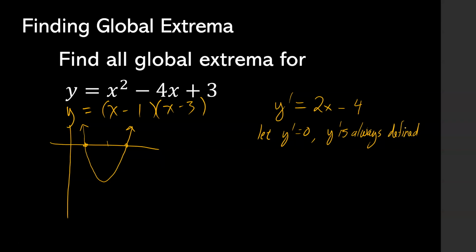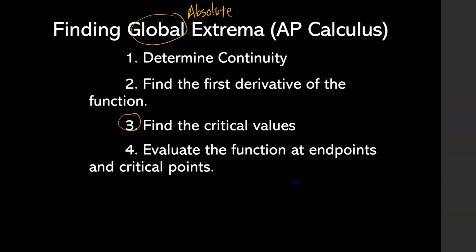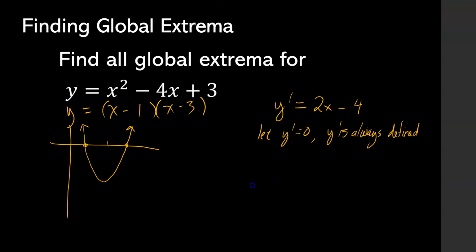I'm writing that so you remember to think about a derivative equal to 0 and a derivative undefined. So what do we do next? Oh, we're in the middle of finding critical values. So 0 equals 2x minus 4, and x is equal to 2.